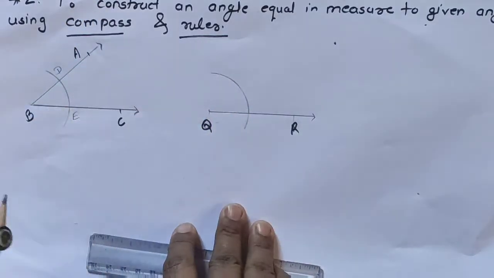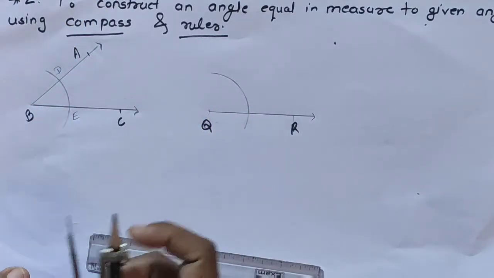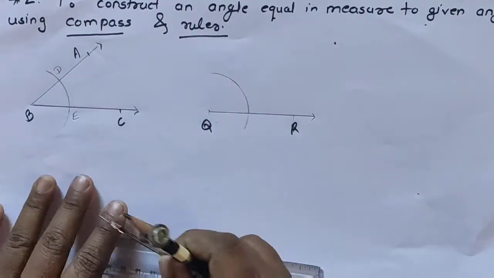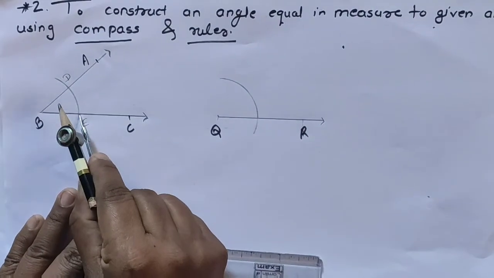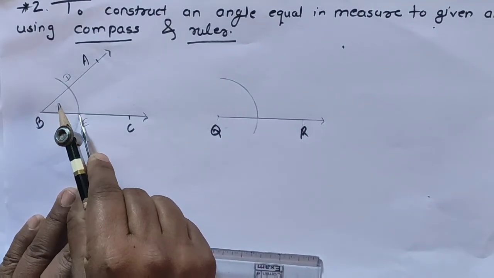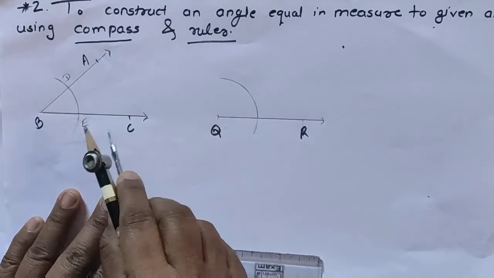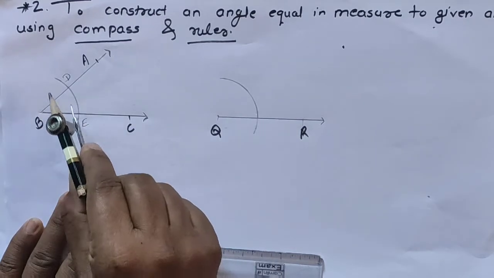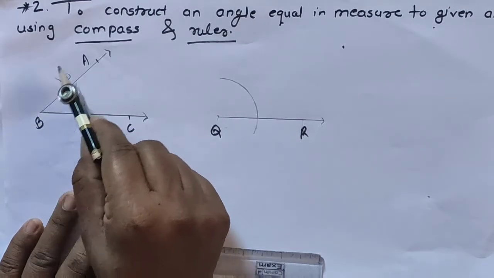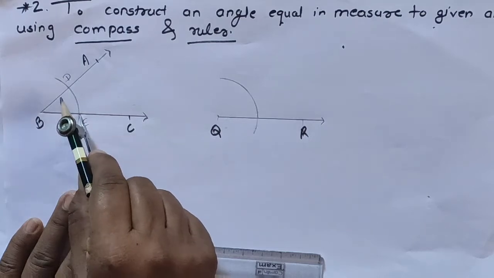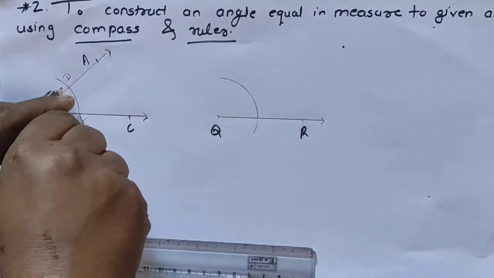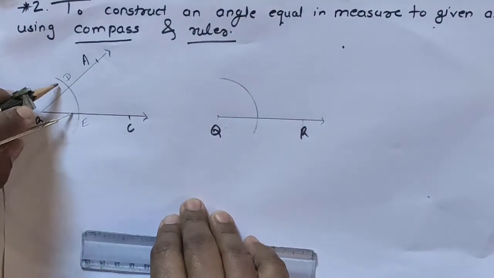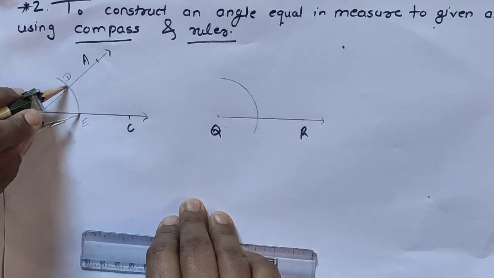Drawn. Now we have to put the compass point on E and take the distance D, from the intersection of the arc and one arm of the angle to the intersection of the arc and the other arm. See here, all of you, I have to take the distance DE in my compass.